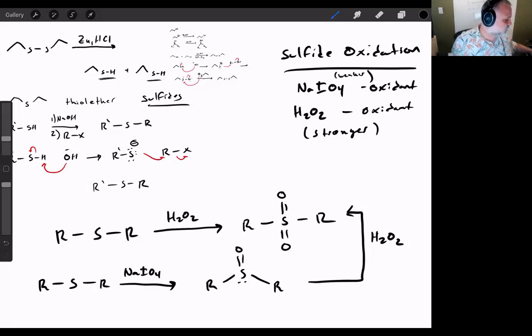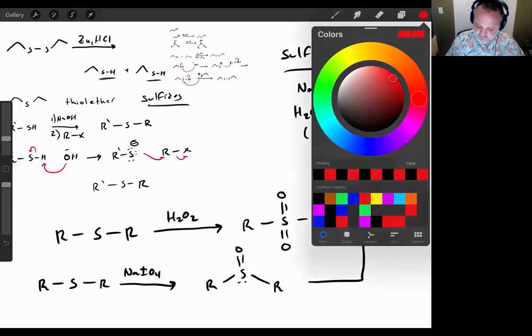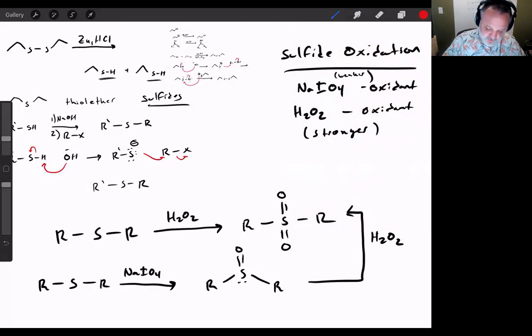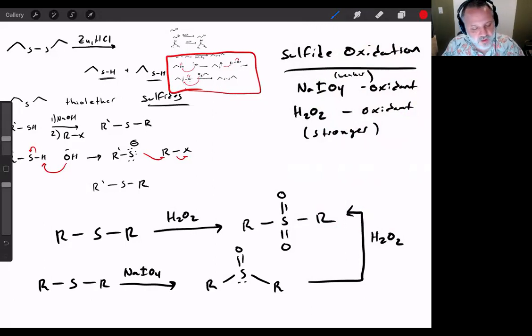Okay, so what I want to do is just pause real quick and review the stuff that we did. We essentially learned one new mechanism, that's still on the screen. If you take a look, the one new mechanism that we learned is right there. That's the one that has hydroxide doing proton transfer and forming a negatively charged sulfur that can then act as a nucleophile.